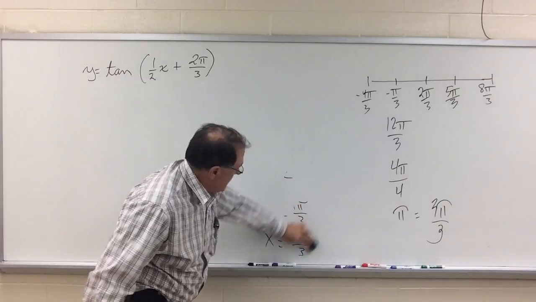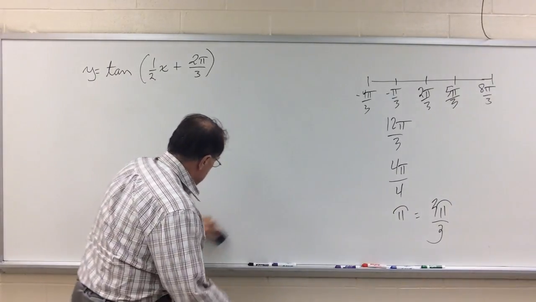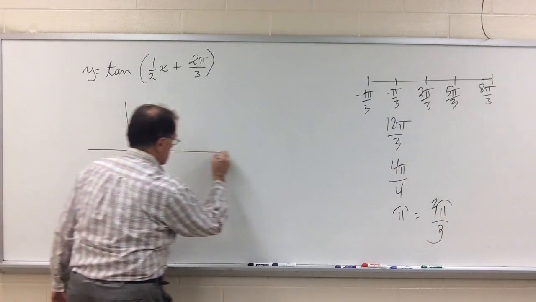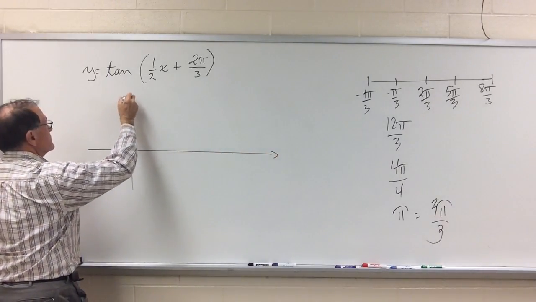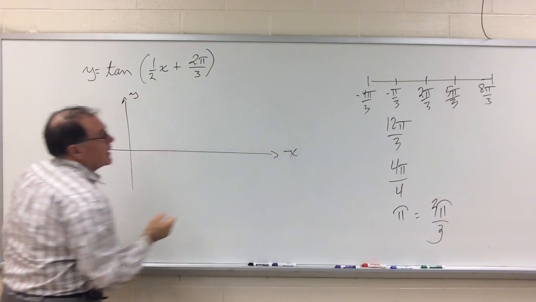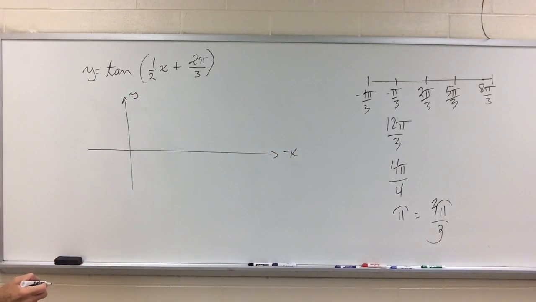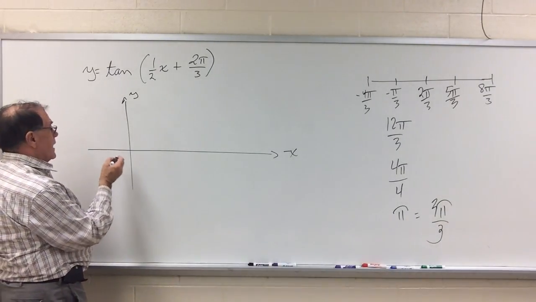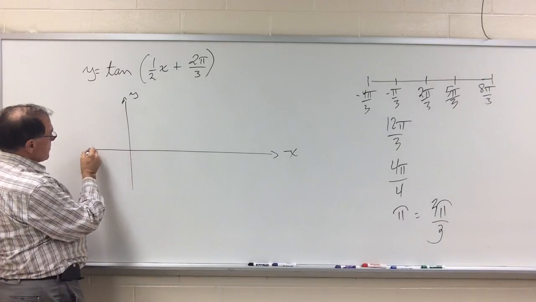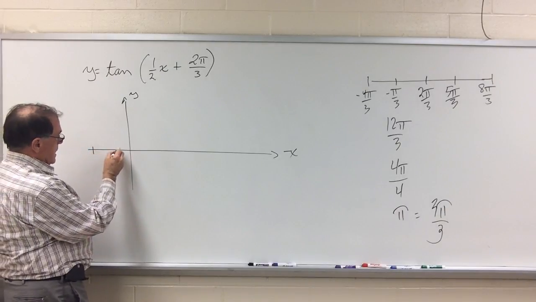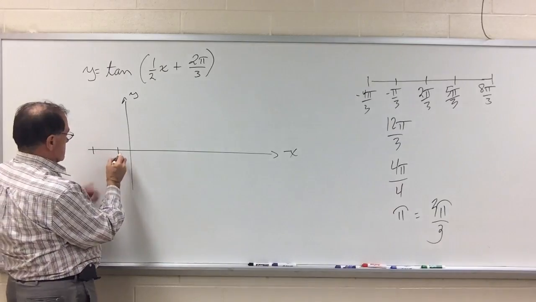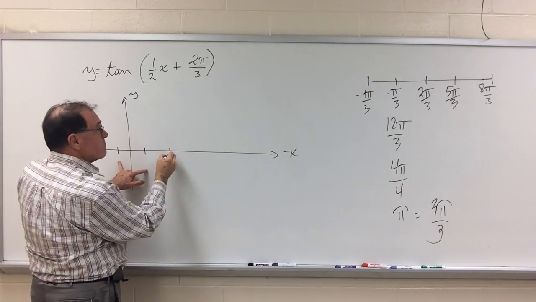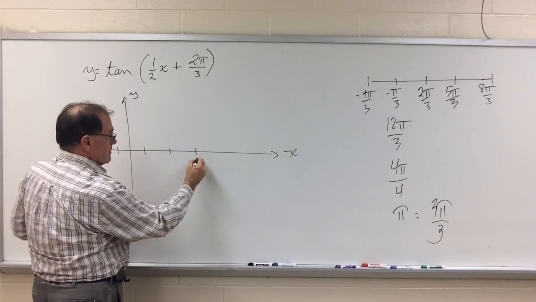So I'm going to come over here and set up a number line. And if I want to talk in terms of pi thirds, I've got negative 4 pi thirds, negative pi thirds, 2 pi thirds, 5 pi thirds, 8 pi thirds.